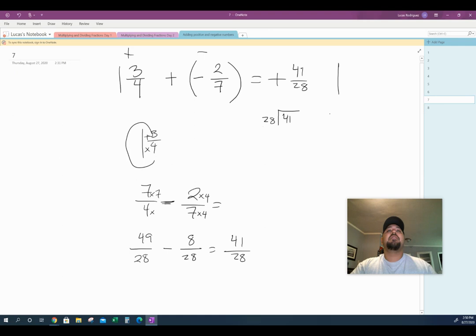So I know it goes in one time. 41 minus 28 is 13. So 13 left over. So it's going to be 13 28ths. 13 is a prime number, so I can't reduce that. So 1 and 13 28ths. Okay.